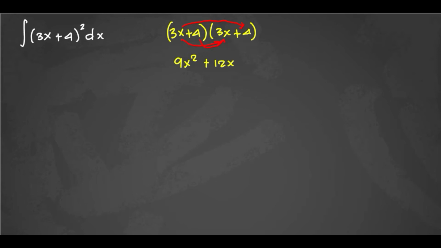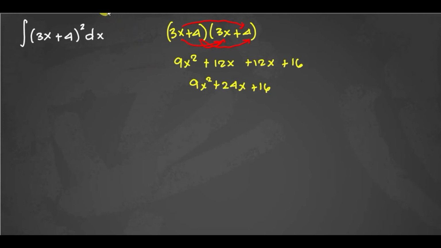Taking the inner term, we have positive 12x. Taking the last term, we'll have positive 16, and simplifying, we'll have 9x squared plus 24x plus 16.